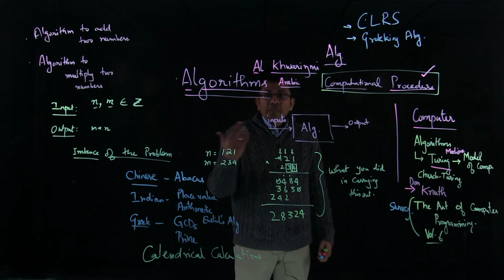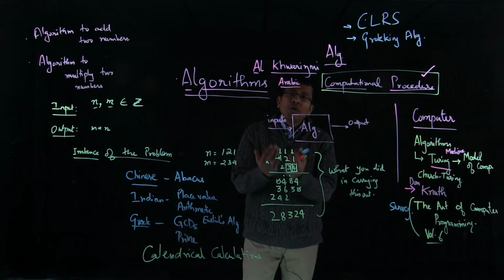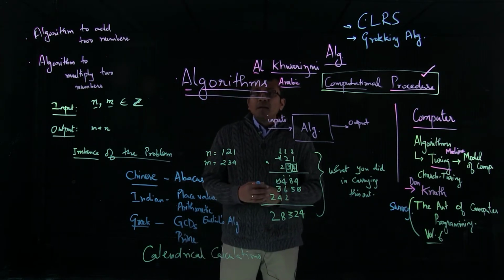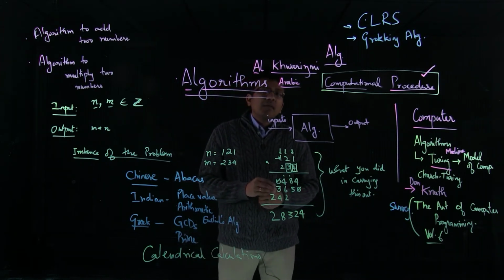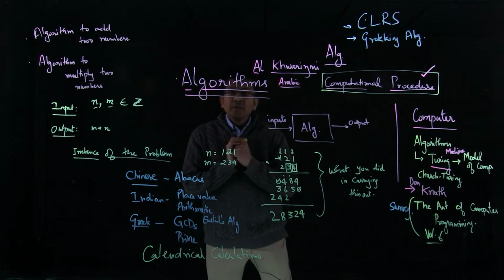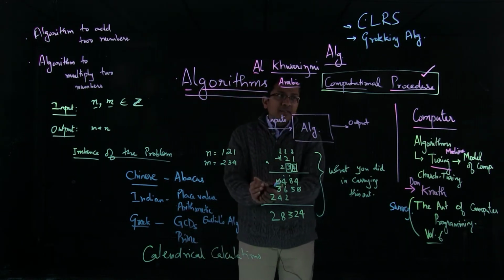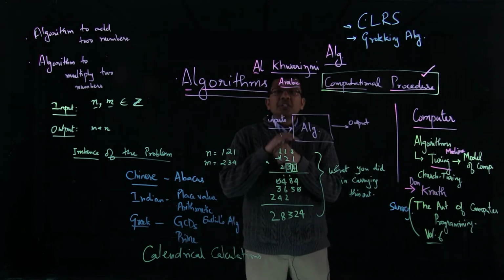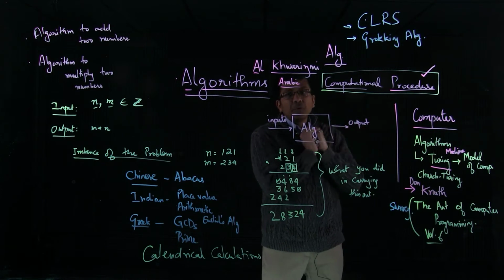Okay. Algorithms have been around for a long time. Algorithms are not by any means a modern invention. They have been passed from ancient human beings. They are kind of a legacy of our culture, just like mathematics is. People did not really pay attention to algorithms until the advent of computers.